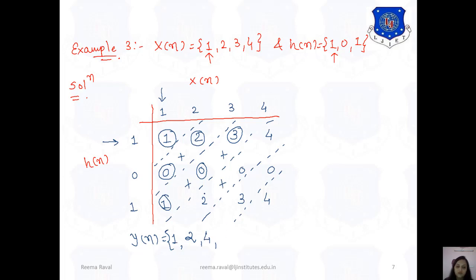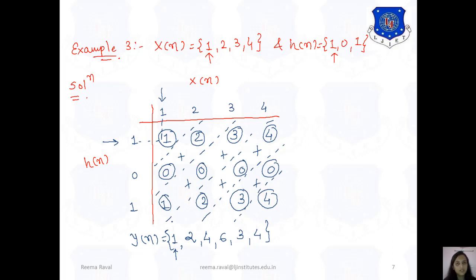Then 2 plus 0 plus 4 gives you the value 6. Then 3 plus 0 is equal to 3, and the last value in this segment is 4. So this is the answer for this sequence, and the arrow will be at the first value.